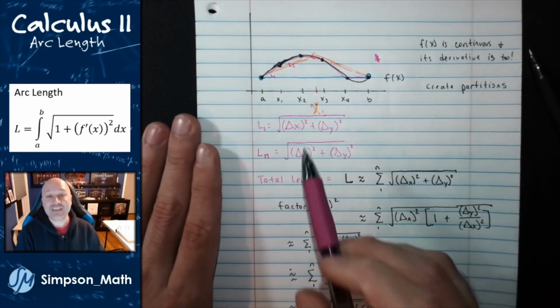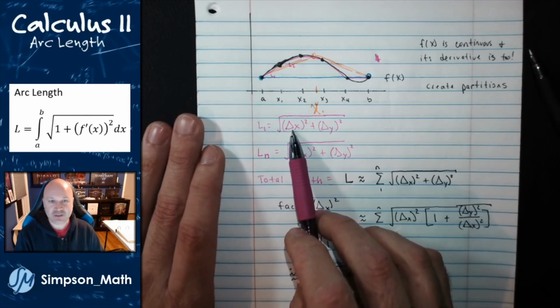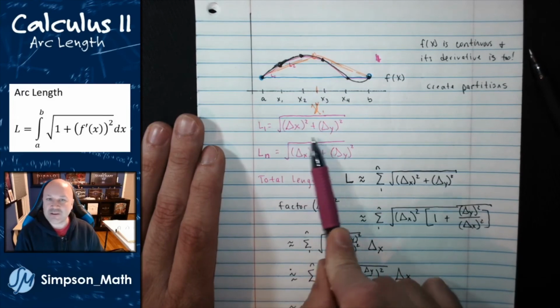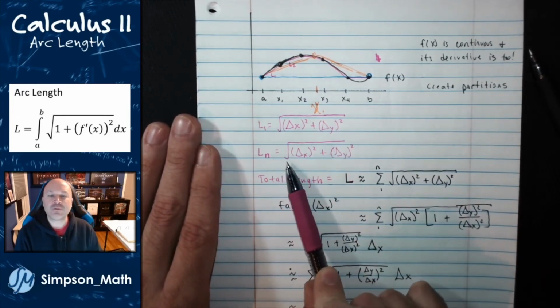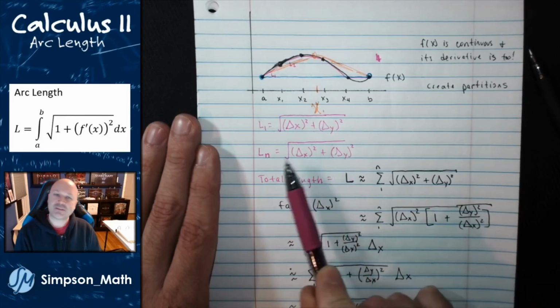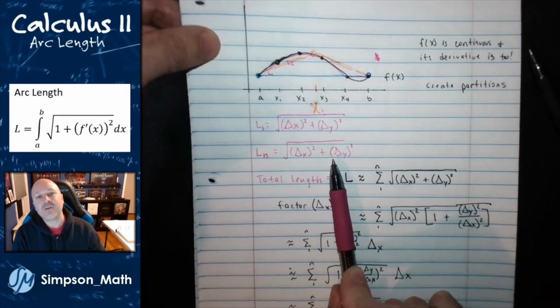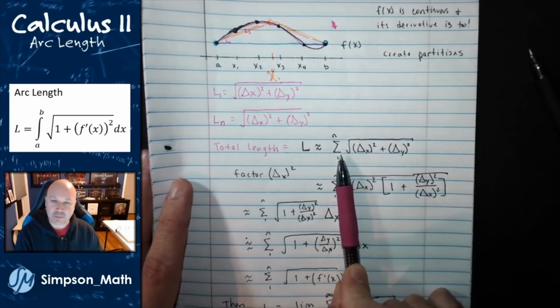Well, I can calculate the distance of each one of those little partitions. They're just straight line segments. So we can use the Pythagorean Theorem or like a distance formula just to figure out those distances. It's the square root of the change in x squared plus the change in y squared. So then the total length will just be to sum all of those up.